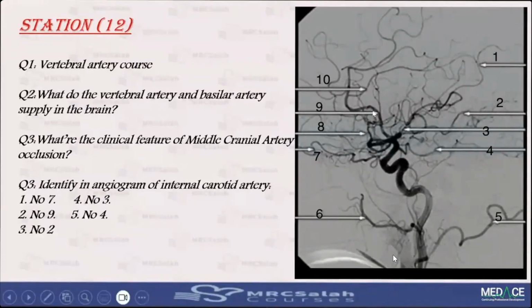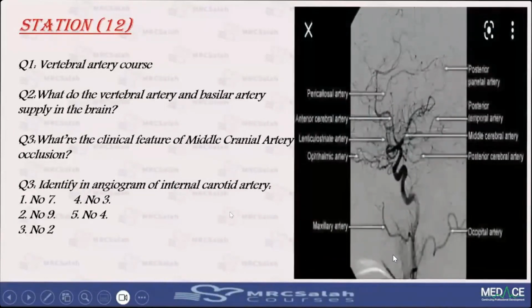But what is number 4? I can't recall it, Dr. Susan. Well, 7 is ophthalmic, as you mentioned. Number 9 is the anterior cerebral. Number 2 is the posterior temporal, middle cerebral. Number 3 and number 4 are the posterior cerebral artery.